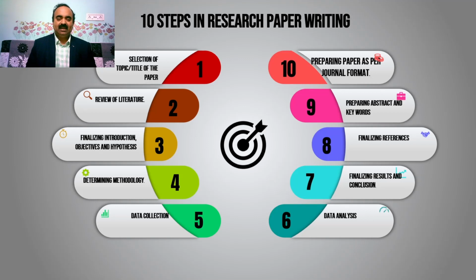Second step is review of literature. Third step, finalizing introduction, objectives, and hypothesis of your research paper. Fourth step, determining methodology. Fifth step, data collection. Sixth step, data analysis.